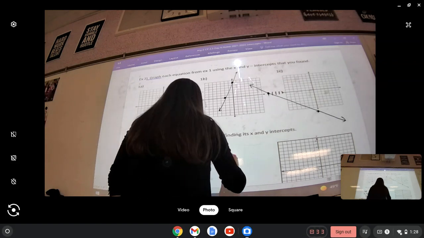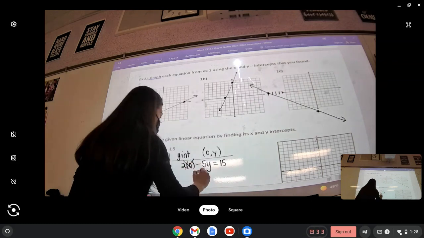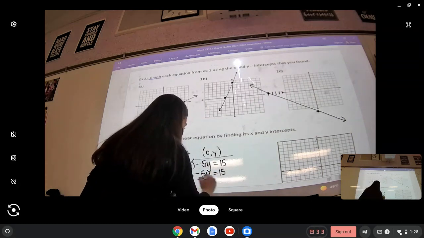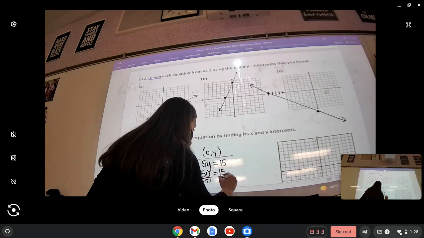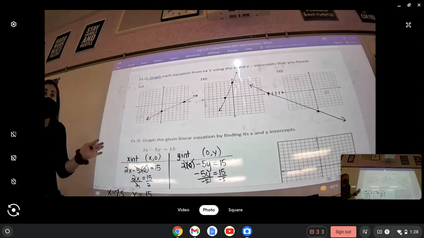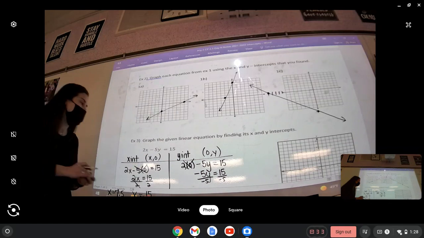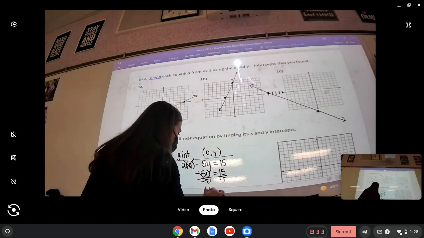Guys, just be careful you don't lose a sign. Because some of you are going to find them in like literally 2 seconds just by looking at it, which is great. That's why I think the cover and solve is amazing. Like, I'll never forget my teacher doing that, because it makes you get the answer so quick.